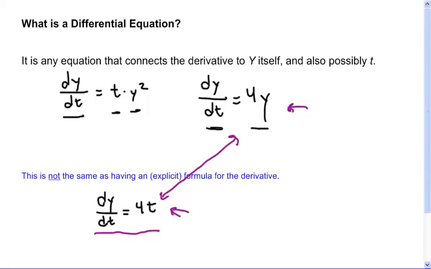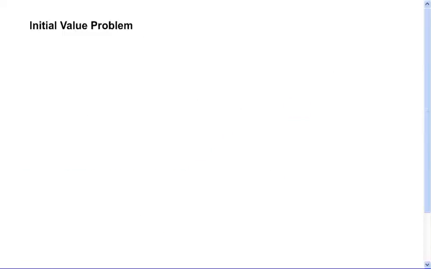Okay, so now we take this a step further. The next thing is called an initial value problem. That's where you tie together a differential equation, say dy/dt equals t times y squared, and you also say what y is at one point. Say y of 0 equals 1, for example. So the idea is this.